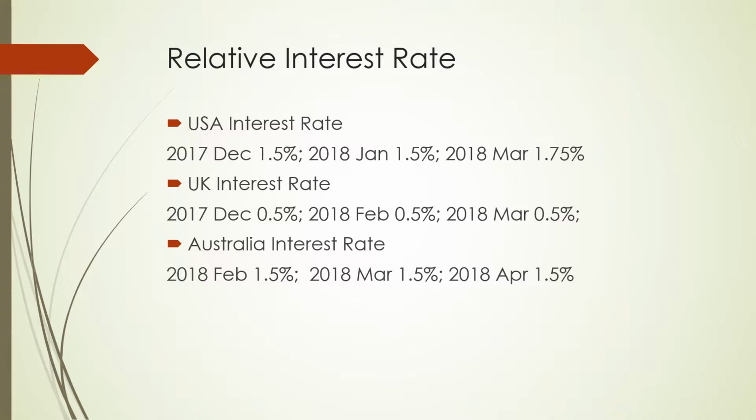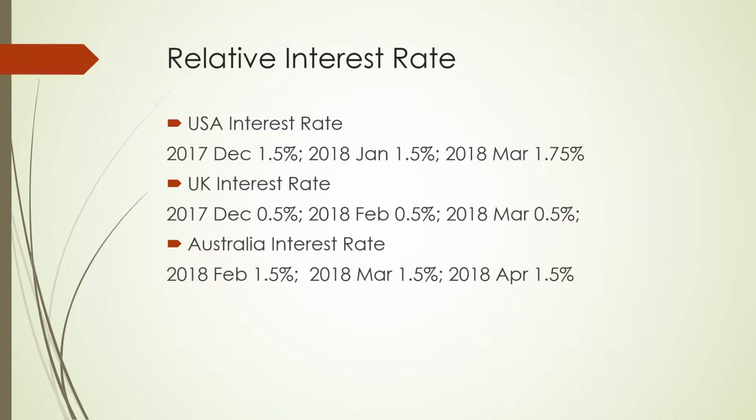Based on the board meeting report released by the Federal Reserve, the Board of Governors decided to raise the interest rate paid on required and excess reserve balances to 1.5% in the December 2017 meeting, and then it remained unchanged in the January 2018 meeting. But the Board decided to increase the interest rate to 1.75% in the March 2018 meeting.